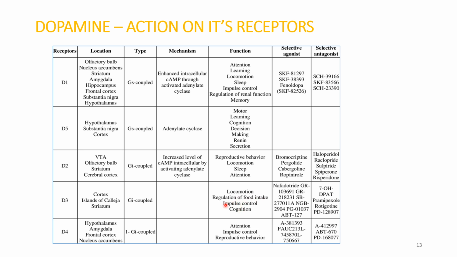This is for locomotion, regulation of food intake, cognition. D4 is present in the hypothalamus, amygdala, frontal cortex, needed for attention, impulse control, reproductive behavior. And D5 is present in the hypothalamus, substantia nigra and cortex, Gs coupled. So they will increase cyclic AMP. They will be important for motor learning, cognition, decision making and renin secretion. So these are the receptors for dopamine.